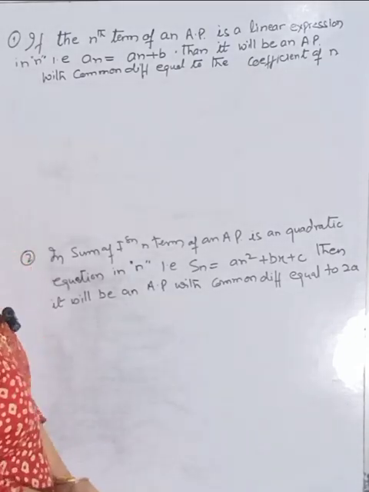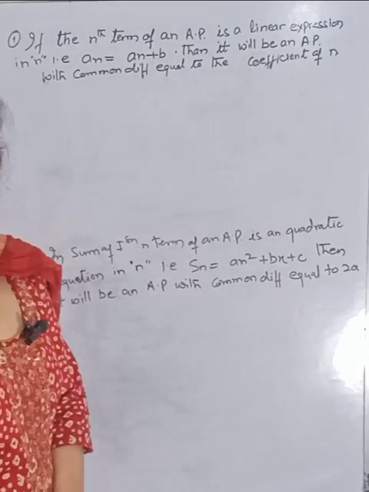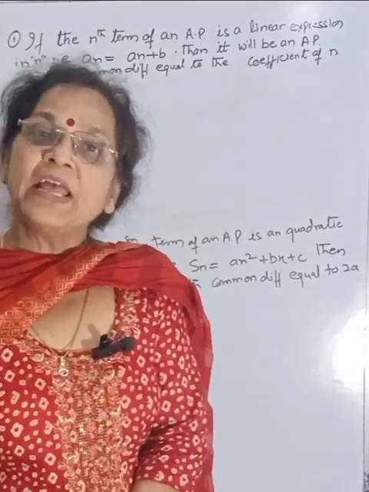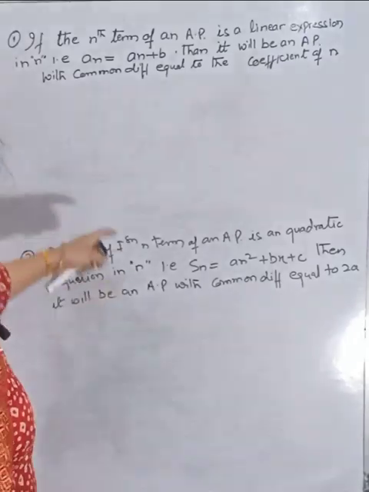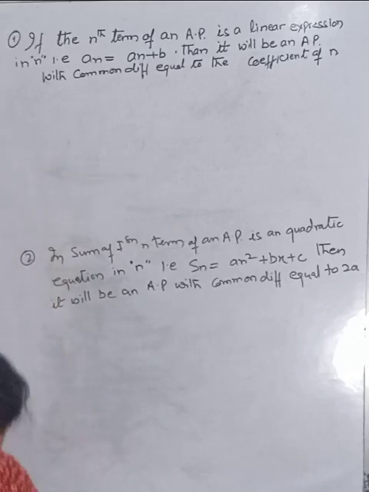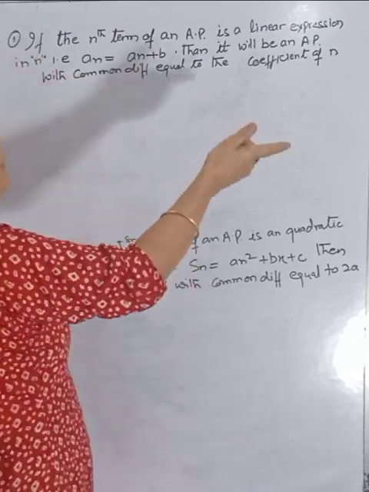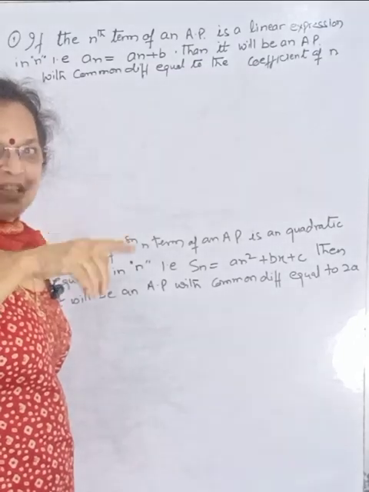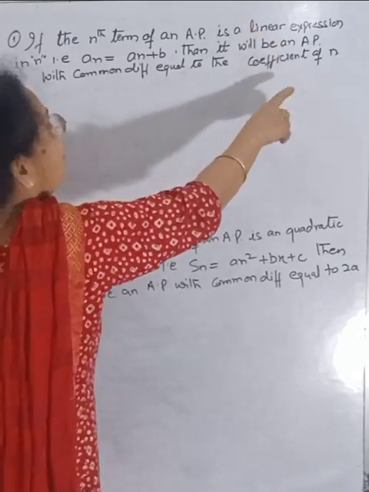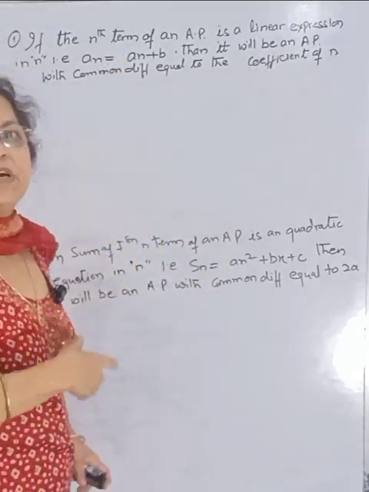This means that if the nth term of an AP can be represented by a linear equation in n, if an can be written in the form of an plus b, then we obtain an arithmetical progression whose common difference will be the coefficient of n. The coefficient of n here is a, that is, a multiple of a.